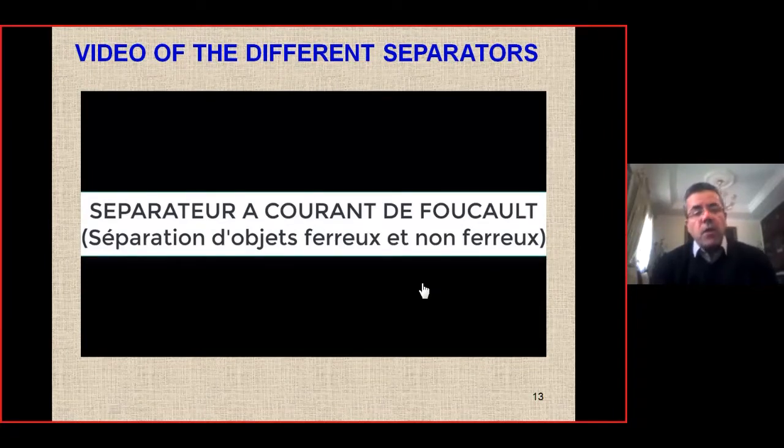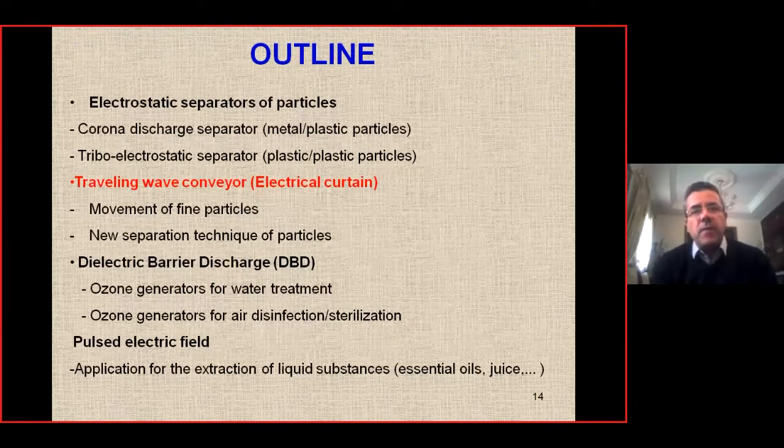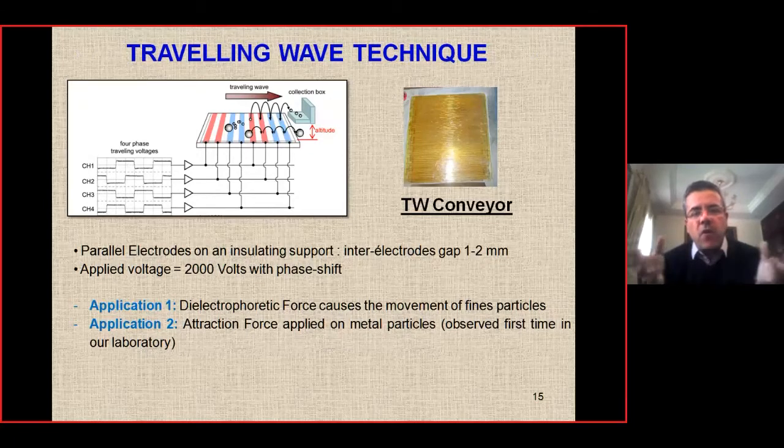The second activity that we develop in the laboratory, and these are all activities that are feasible and can be easily developed in Algeria and the African countries, is the traveling wave conveyor. The traveling wave technique is used to cause the movement of fine particles.